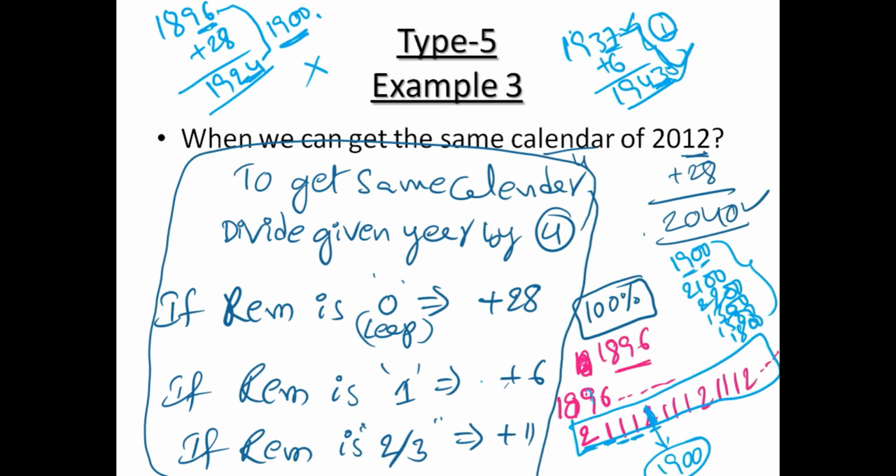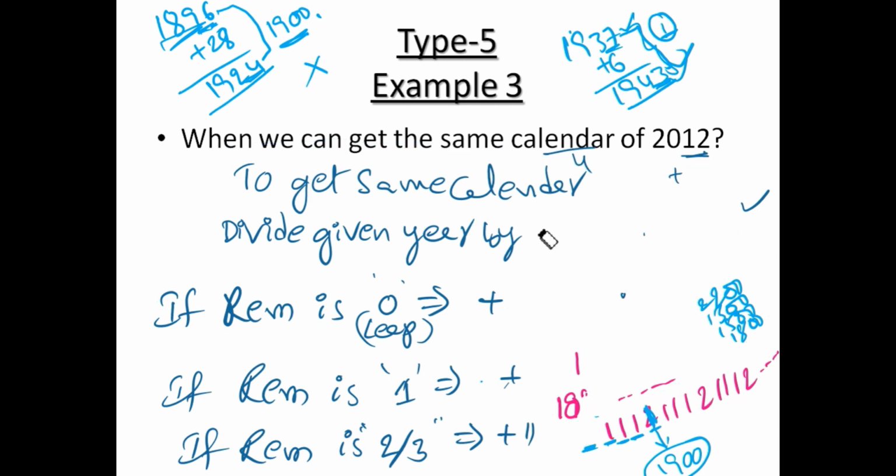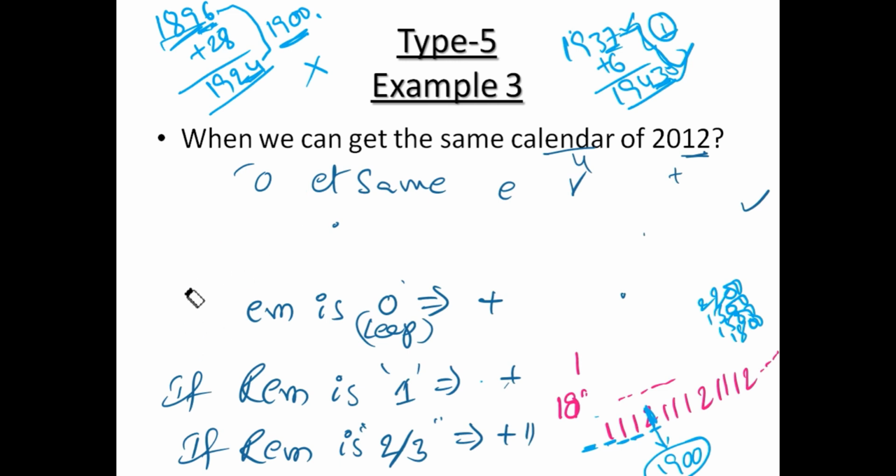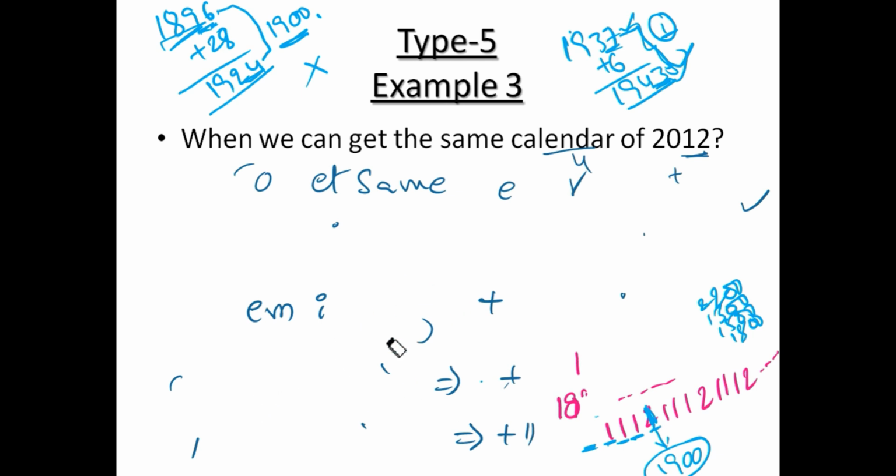Okay, then how to find this one? The previous procedure method is there, and that procedure is applicable for every question, whether it is a leap or non-leap, no need to see all those things. Simply that 1 1 1 2 1 1 1 2 1 1 1, that procedure is applicable for every question.